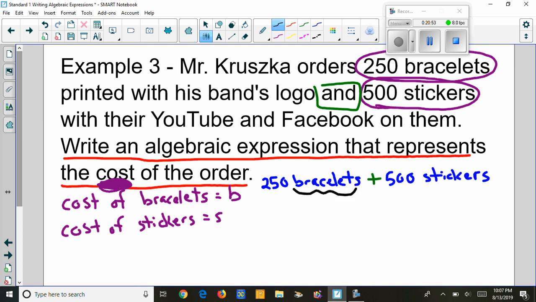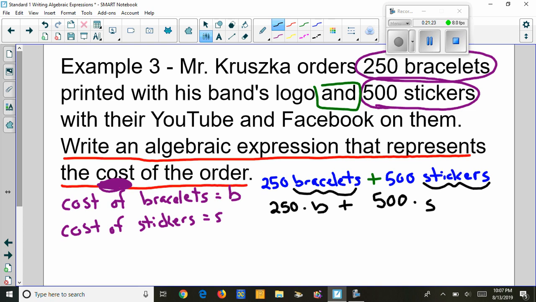I'm going to replace that with B for the cost of bracelets. And I need to multiply that by the 250, so I know how much that costs. B would be the cost of one bracelet. I want to know the 250. Plus, let's see, stickers will be called S, and I'm going to multiply that to 500.